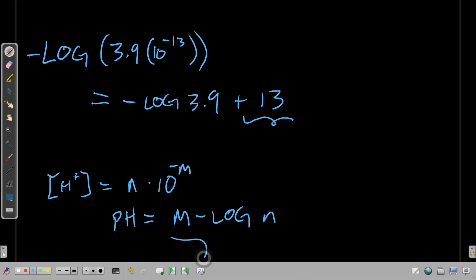In fact, this seems easier, but whatever. Let's see, 13 minus log of 3.9, I get 12.4. That's awfully basic.